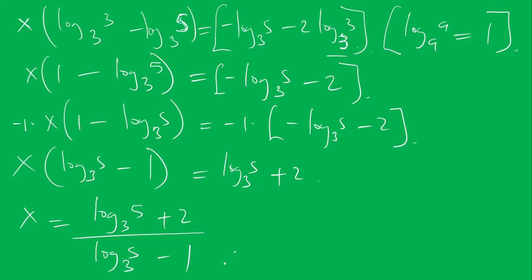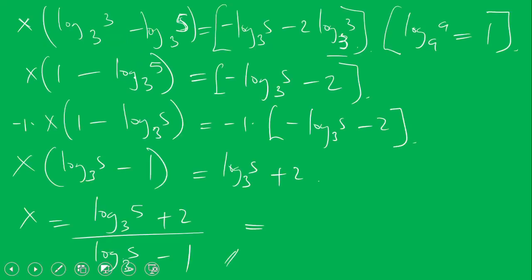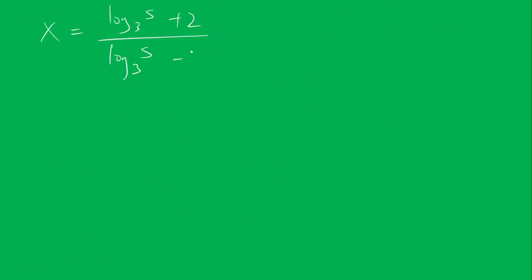So this is the answer. We can also change the base. We can also change this base to base 10. If we want to make that change, what we do to the numerator, we also do to the denominator. Let's say you have x is equal to log 5 base 3 plus 2 divided by log 5 base 3 minus 1.